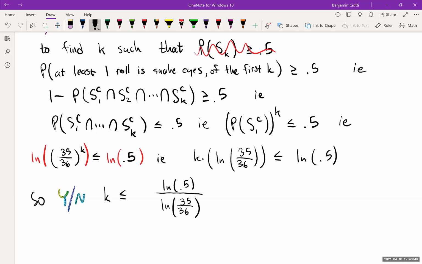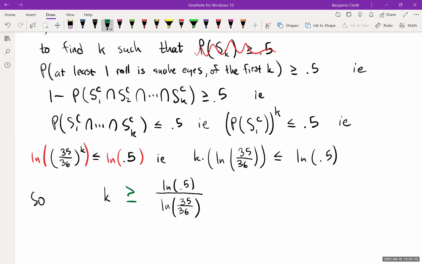Why the no? Ooh, the sign. I got the sign wrong. You're telling me that this number is negative? Yes, it is. Ln of a number that's less than 1 is negative. So yeah, I gotta flip the sign of the inequality right there. So let's make that a greater than.